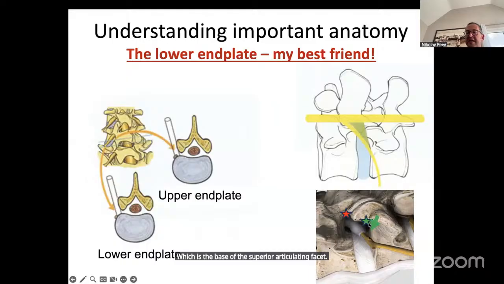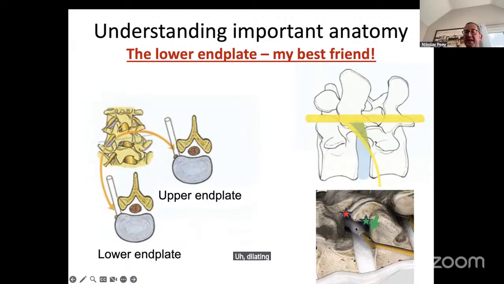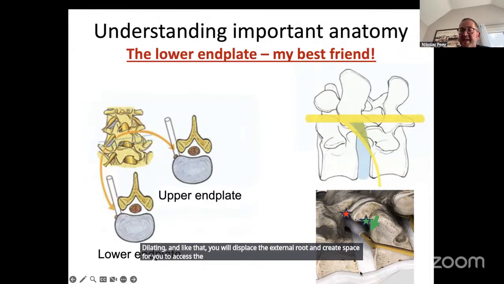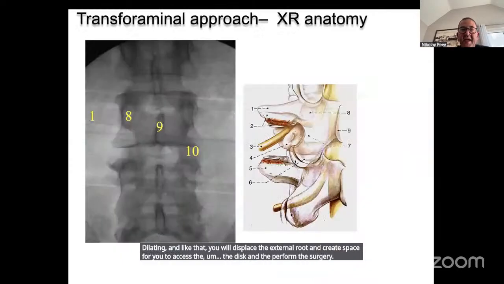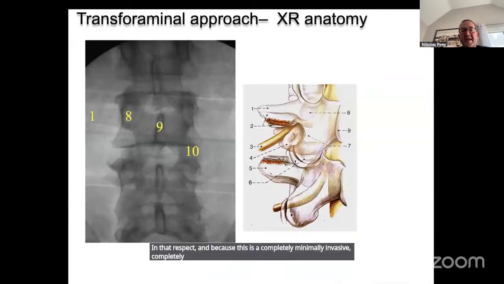Then you have to slide the needle right inside the foramen and start dilating, and like that you will displace the exiting nerve root and create space for you to access the disc and perform the surgery.